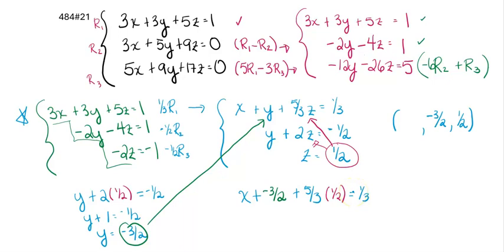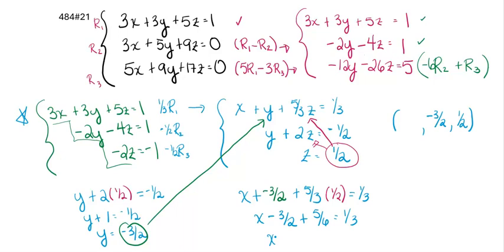So when I simplify this, I get x minus 3/2 plus 5/3 times 1/2 is 5/6 equals 1/3.